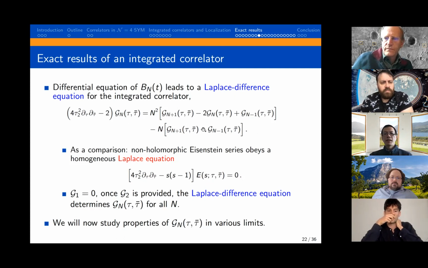In particular, if you give me the initial data, namely G_2, this equation will determine the rest. This holds separately for the perturbative and instanton parts. That's correct, because you can do it Fourier mode by Fourier mode.